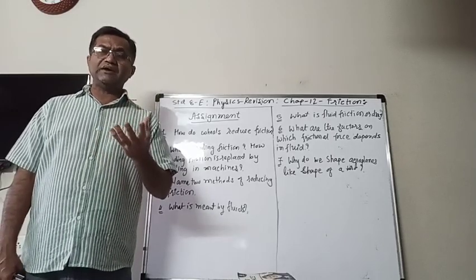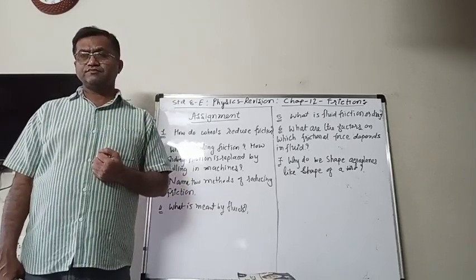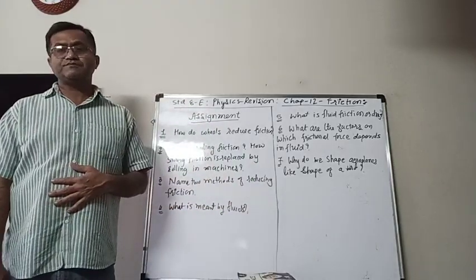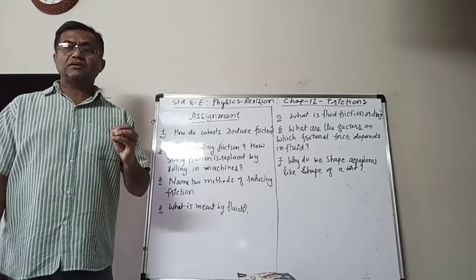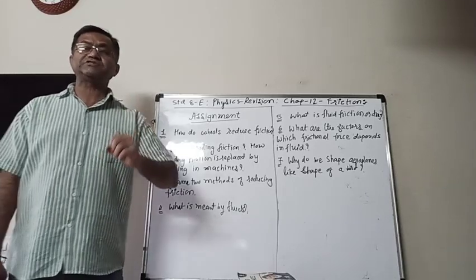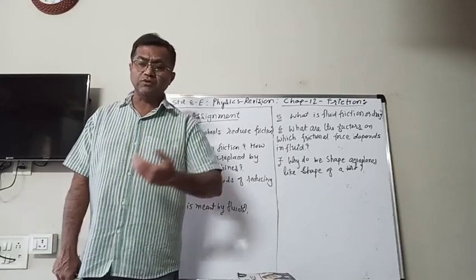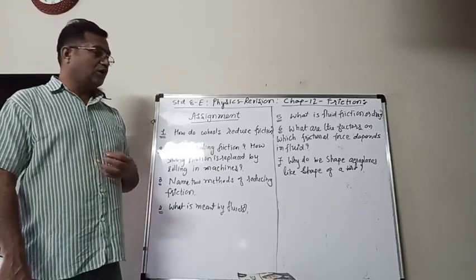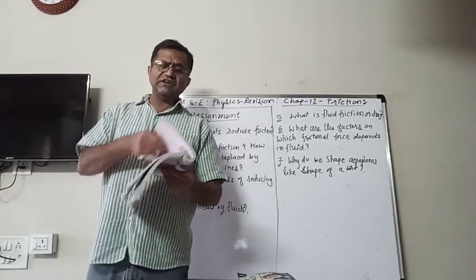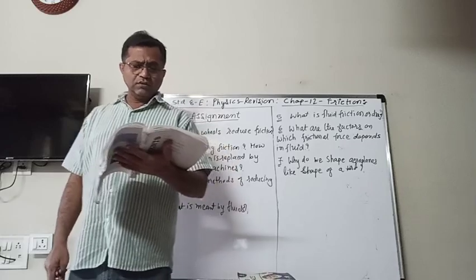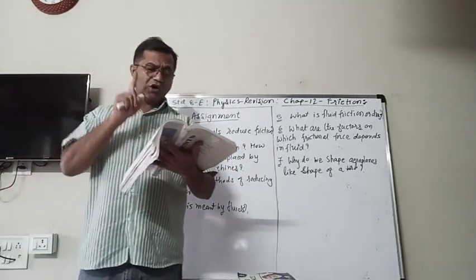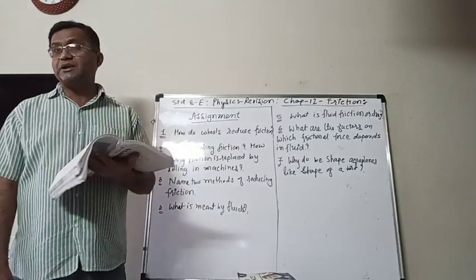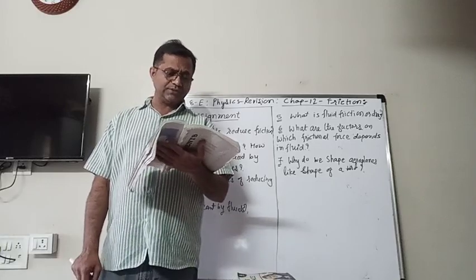But when we put the rollers, one surface is rolling over the other. So rolling requires less force, and that force is known as rolling friction. When one body rolls over the surface of another body, the resistance to this motion is called rolling friction.